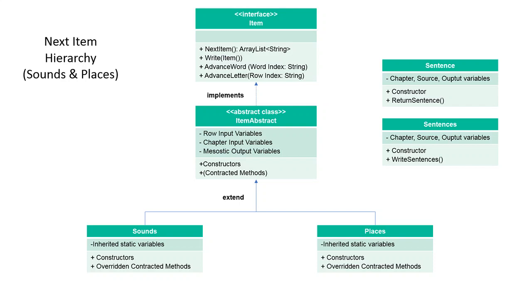And we have these standalone independent objects which can be called on to find the sentence of a sound word and the sentence of the place word, so that the user can say, okay, what kind of sound is this? What kind of sound recording do I have to make in order to have a sound image of that textual sound? And just to verify that it is actually a sound as well.